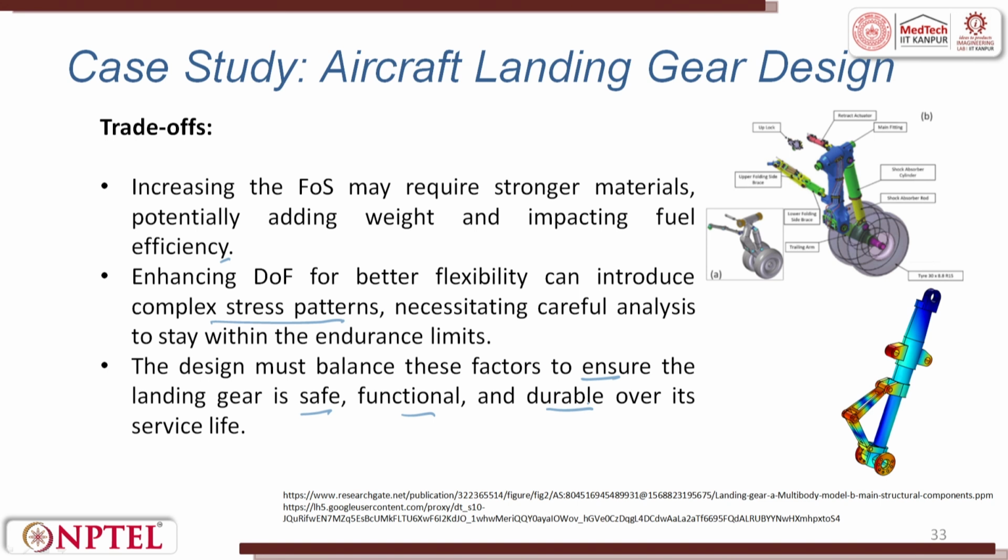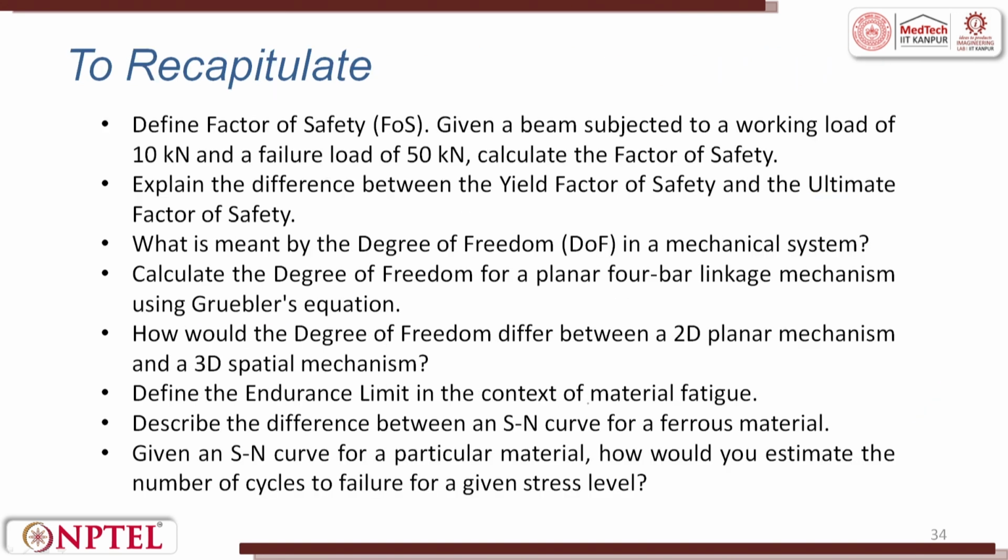life. To recap what we went through in this lecture, we saw what is factor of safety, then we saw two different factors of safety: one is yield factor of safety, the other one is ultimate factor of safety. We went through degrees of freedom, then mechanisms, spatial mechanism, planar mechanism.